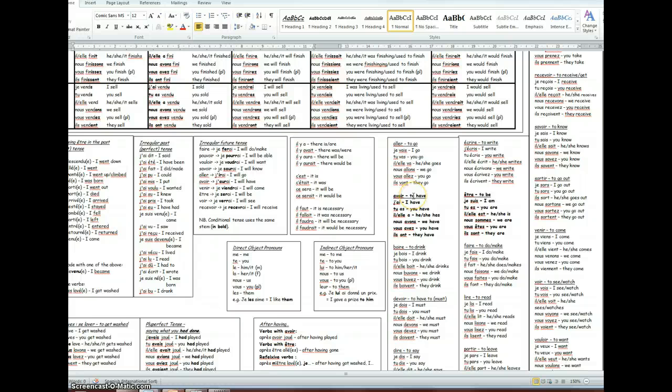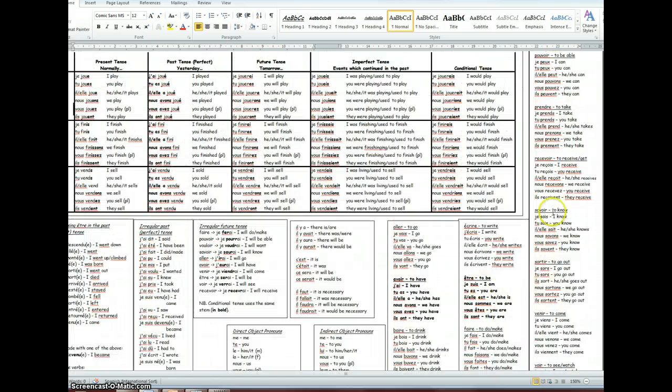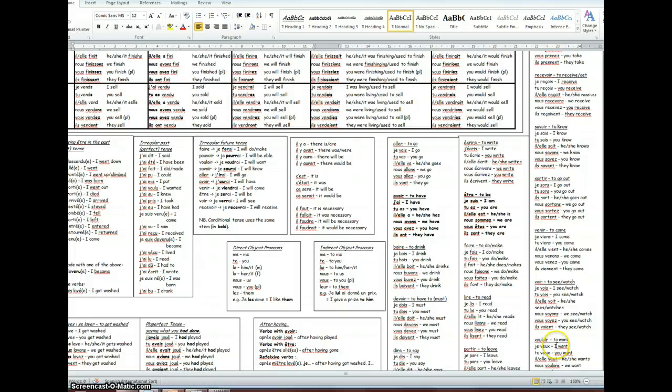Okay, and to tell you the truth, there are more irregular verbs than are on here. But these are the most common ones on the learning mat, and there's the third column that starts up here, right down to vouloir at the bottom.